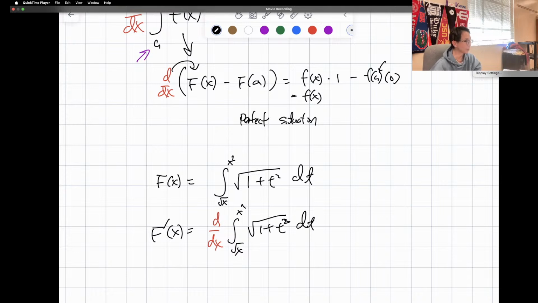Now you're going to be like, Mr. Ye, I don't know how to take the integration of the square root of 1 plus t squared. Trust me, you can ask BC kids right now. They don't know how to take the integration of the square root of 1 plus t squared. None of them right now in BC know how to integrate that. So what we can do is we can cheat.